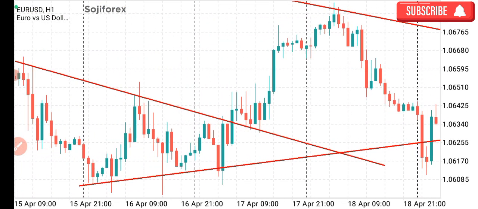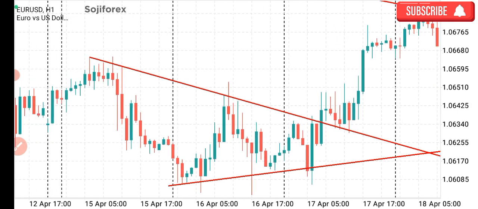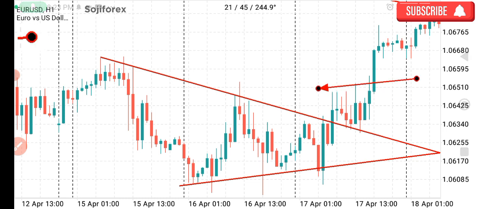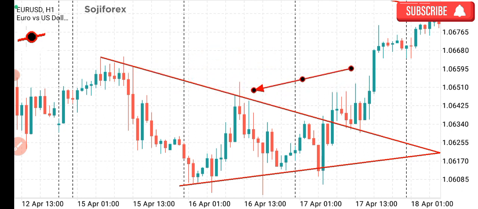Now the same scenario is applicable here. All these are chart patterns. You can look at what happened. Price has been touching, and price breaks out here with this candle, and look at what happened.